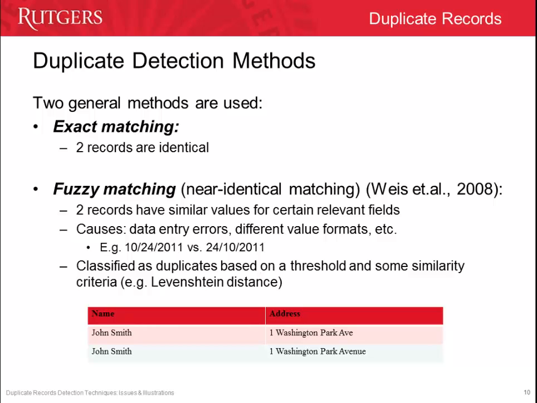Usually the duplicates are categorized as duplicates or non-duplicates based on a threshold and some similarity criteria.